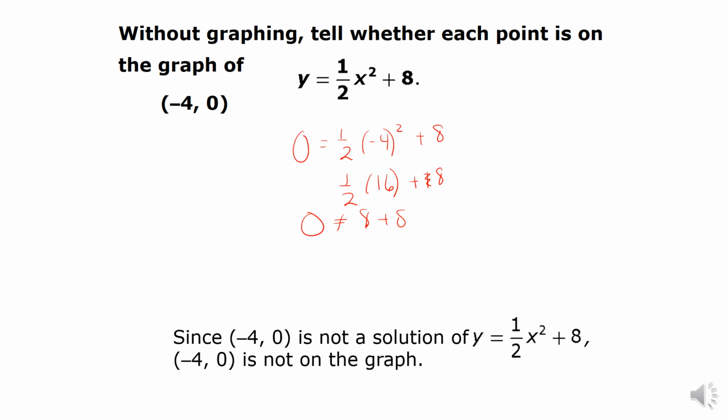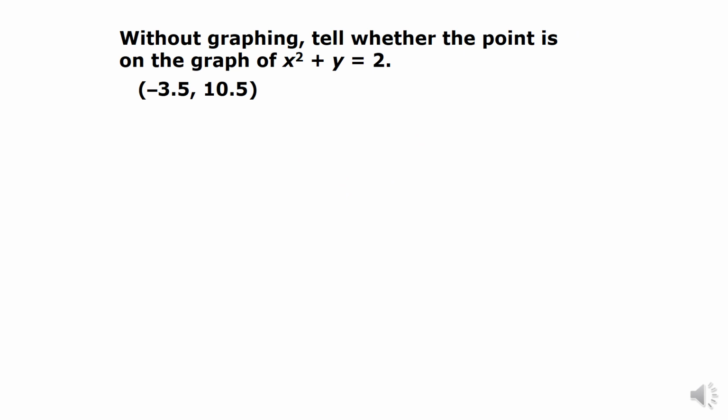Okay? Try another one. This one's a little bit more difficult. So the first thing you want to do is look at the graph carefully. I'm going to put it into standard form. Okay? So now I see that its y is 10.5, and I'm going to go negative 3.5 squared plus 2.